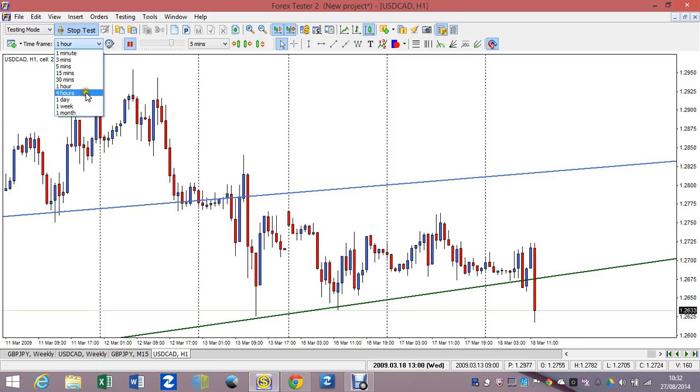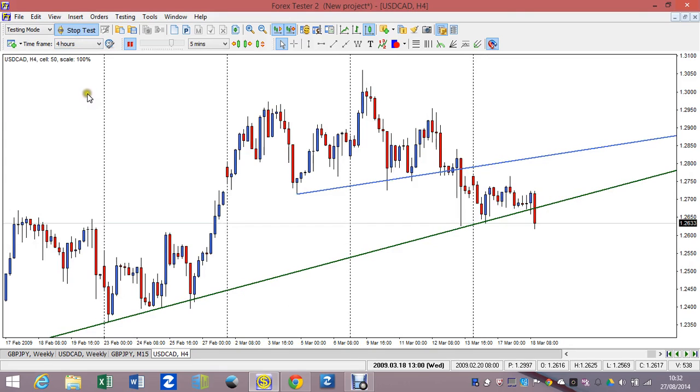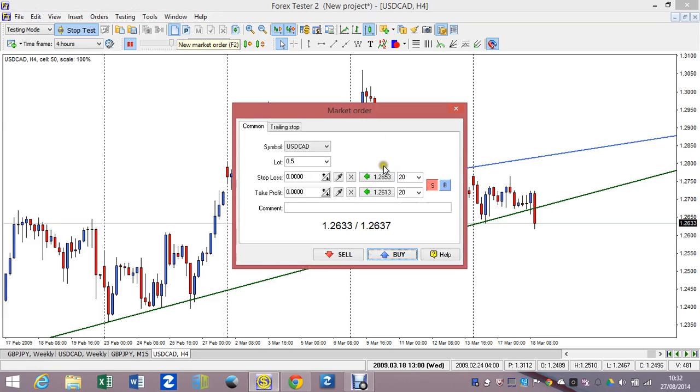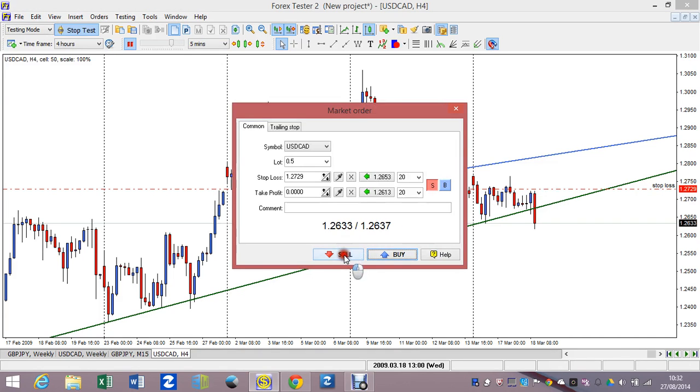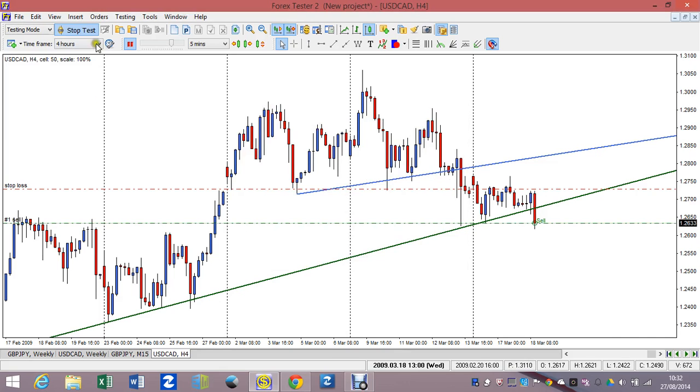Okay, what's the 4-hour looking like? See, that looks like a nice break in the 4-hour. Stop loss above this level here. Sell. Okay.